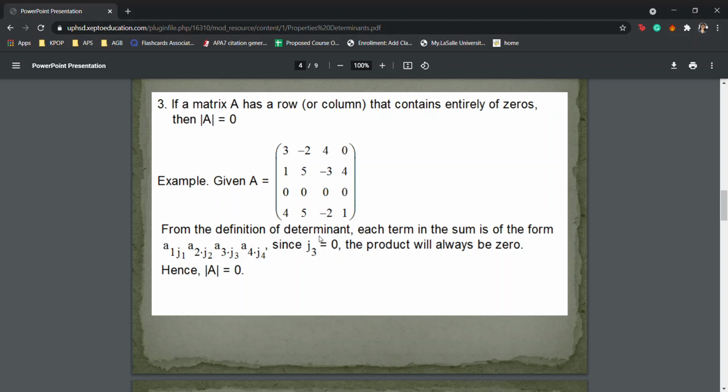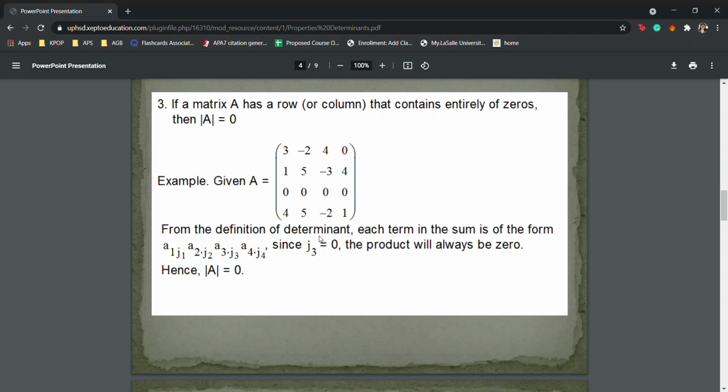Remember, when we were discussing the definition of the determinant, it is equal to the summation of the product of a_1j_1, a_2j_2, a_3j_3 up to a_nj_n. So there must always be an element coming from each row. So whenever we take an element from the third row, it will always be 0.